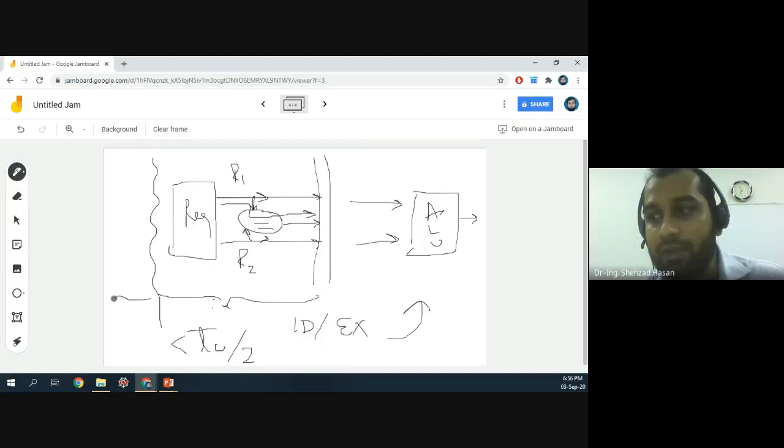For the other half, we are writing to the register file, and for the second half we do the reading operation, and after reading we have a comparator. If both of these operations, reading plus comparison, are not going to exceed half the cycle time, then you are not affecting the overall pipeline cycle time, and you have included the comparator within the decode stage.